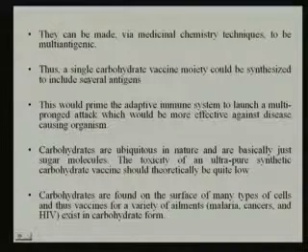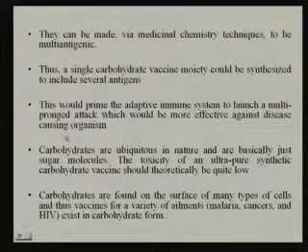Thus, a single carbohydrate vaccine moiety could be synthesized to include several antigens. This would prime the adaptive immune system to launch a multi-pronged attack, which would be more effective against the disease-causing organism.